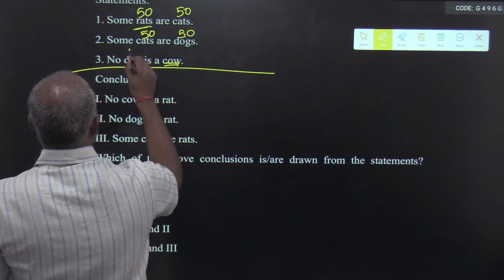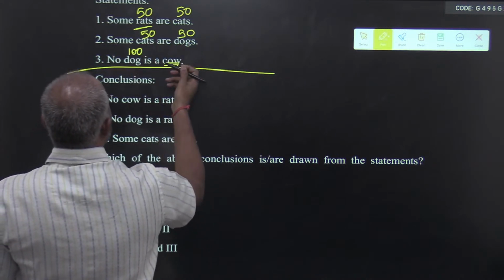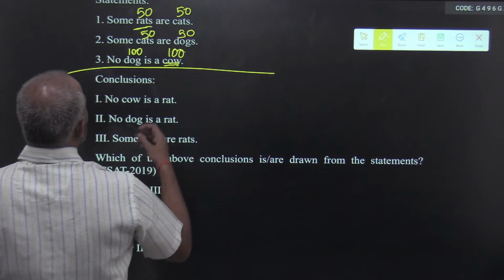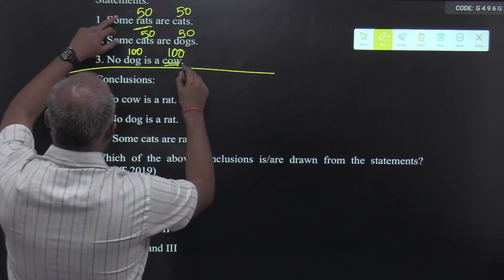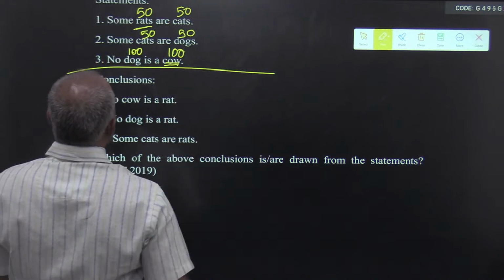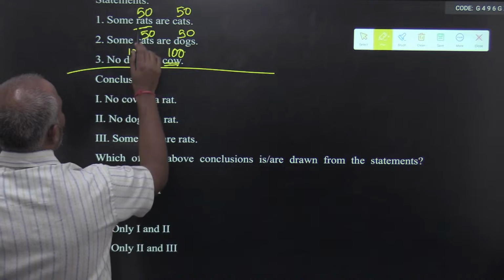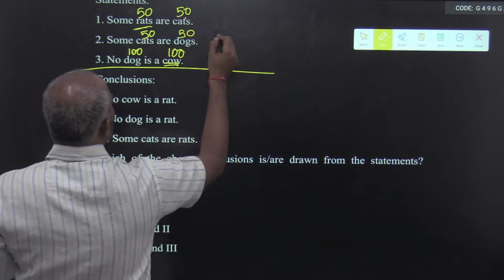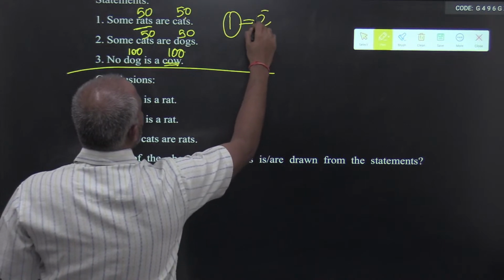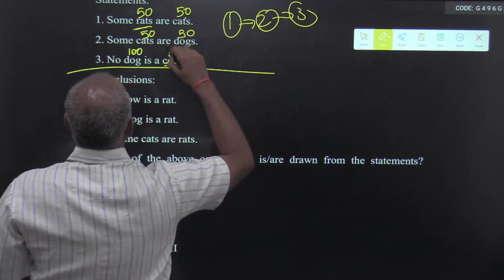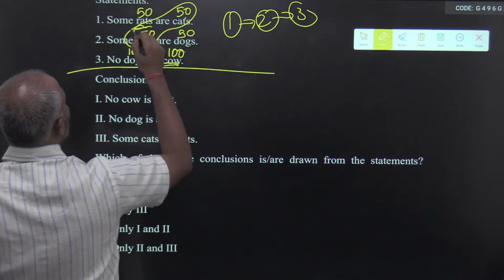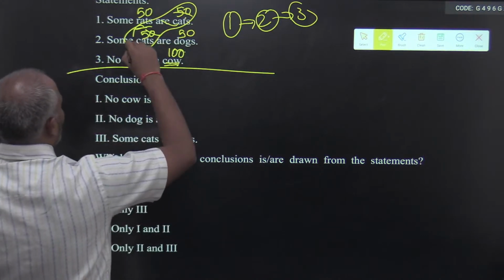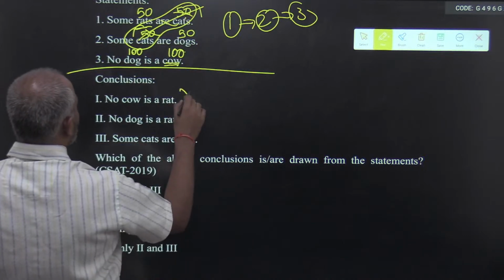No dog, no is a universal 100. This is a negative statement, that's why 100. In order to make a relation between cow and rat, cow is linked to dog and rat is linked to cat, and cat and dog are linked here. So you need to make a relation between 1, 2 and then 3. You see, the common element is 50 in here. So can you make a relationship here? No. So this is wrong.